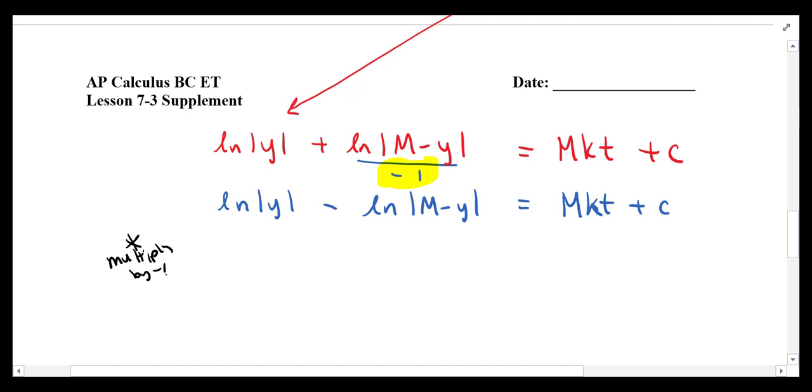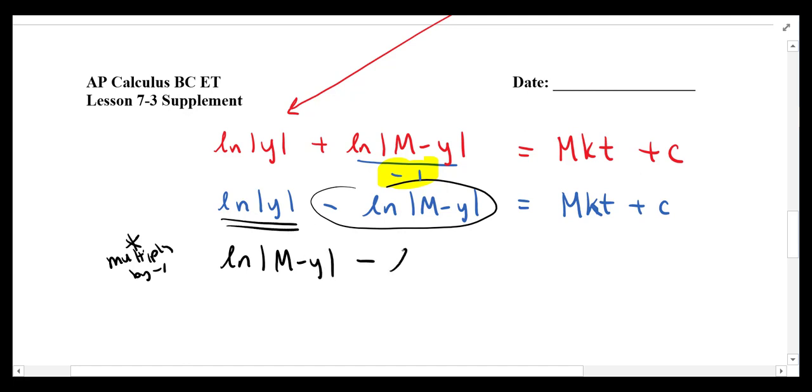Which means then this term becomes positive. I'm going to put that in front. Natural log of m minus y. And then this term here becomes negative, so minus natural log of y. And then this term mkt, of course, becomes negative. Plus c, well, you could make that negative c, but it's still a constant, so I'm just going to keep using plus c.